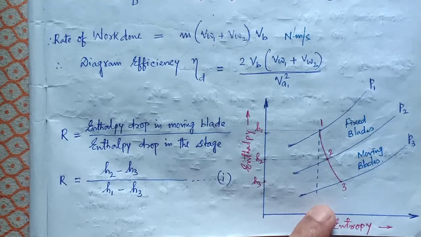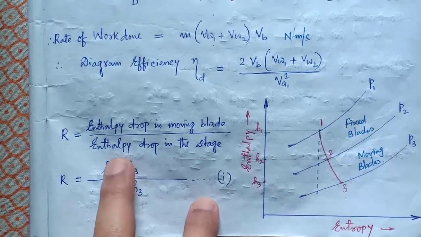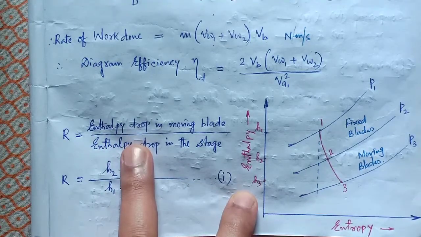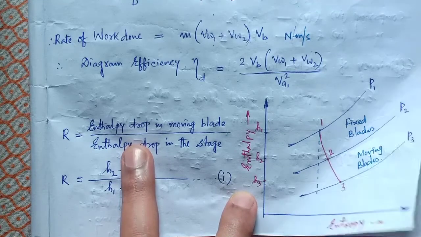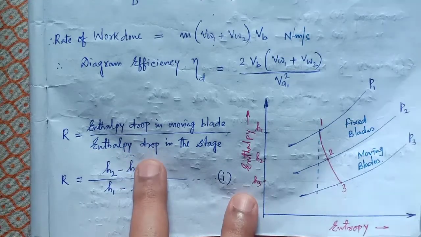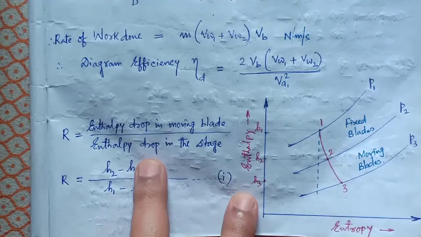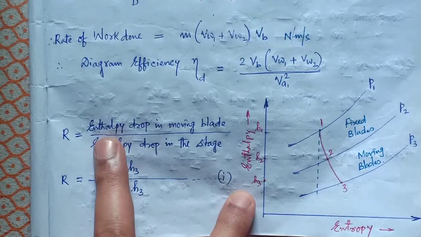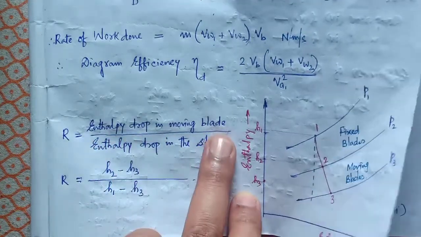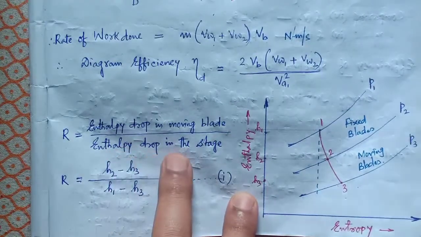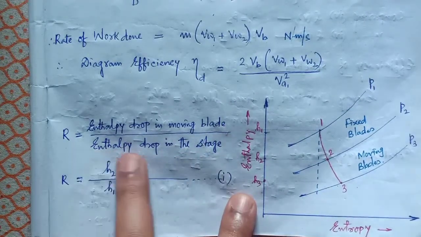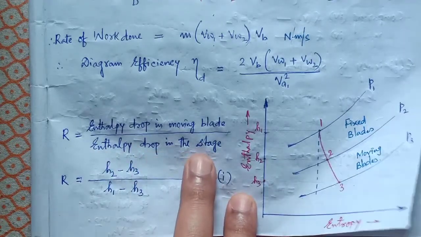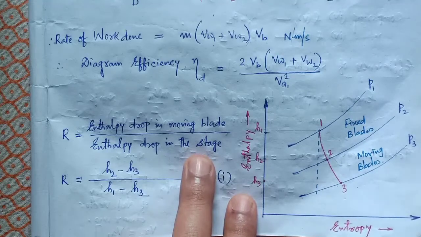The degree of reaction quantifies the proportion of enthalpy drop occurring in the fixed blades and the moving blades, and it is defined as the ratio of enthalpy drop in the moving blade to the total enthalpy drop in the stage. So it is the total enthalpy drop in the stage of any reaction turbine.